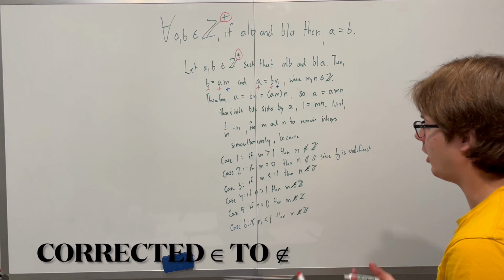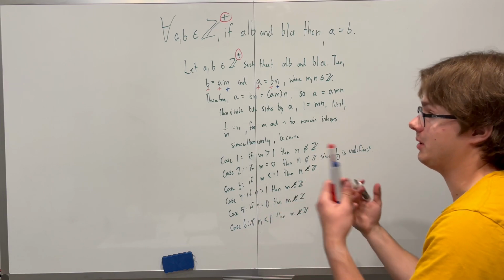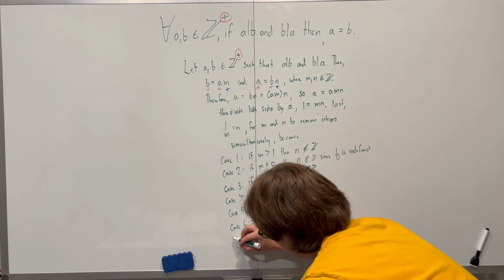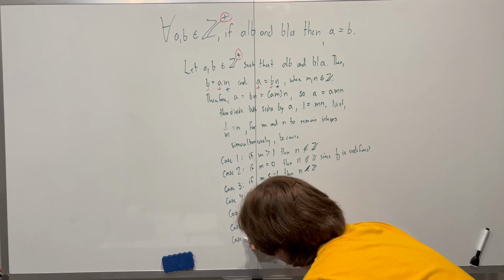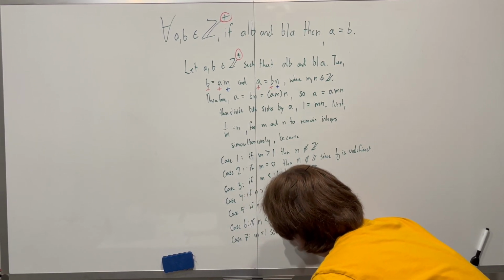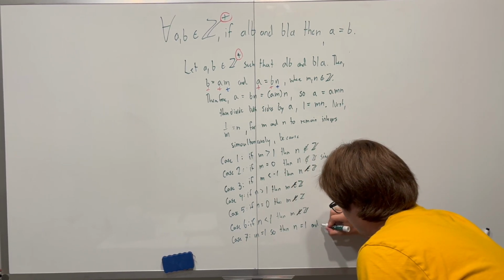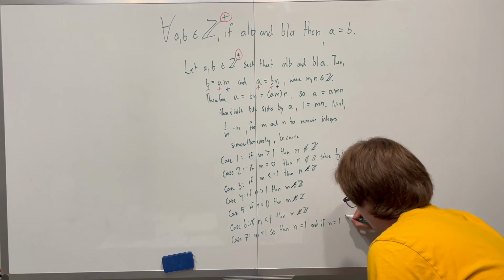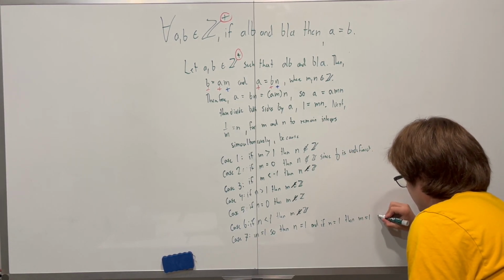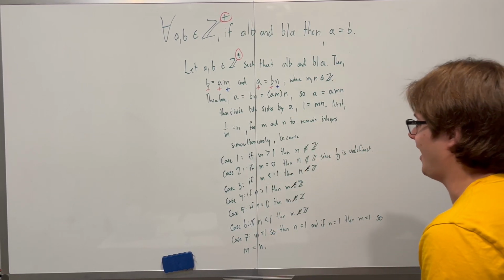So the only option we're left with, since neither of them can be 0, neither of them can be more than 1, neither of them can be less than 1, the only thing left is case 7, m is equal to 1, so then n is equal to 1, and if n is equal to 1, then m is equal to 1, so m is equal to n. Okay.